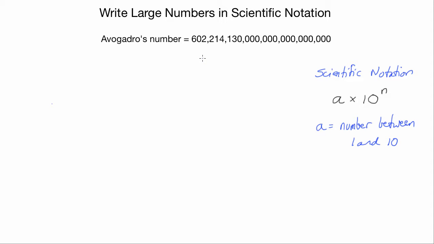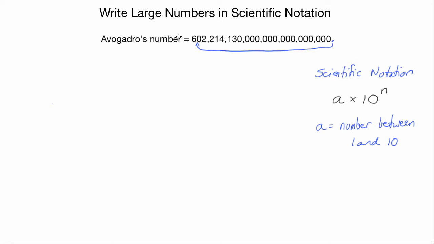So in this case, right now the decimal point for Avogadro's number is right here. But I would shorten it up. I'm going to move the decimal to right after the 6, because 6 is a number between 1 and 10.